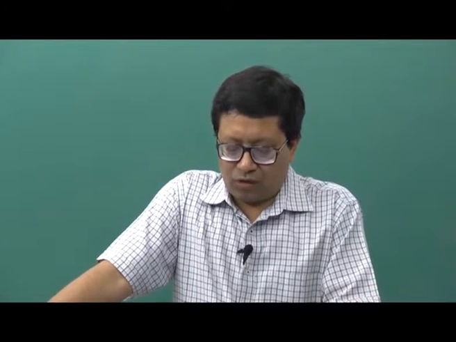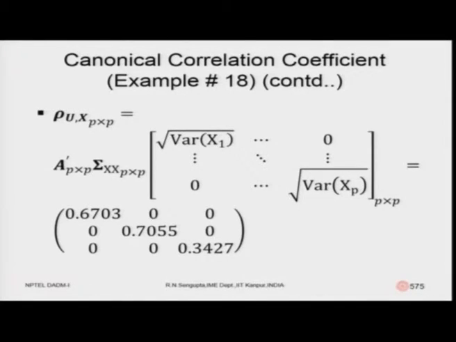So, once we find the actual vector of A multiplied by rho x x, the values are: this is the standard deviation of x 1, similarly x 2 and similarly the last one, because there are 3 values.